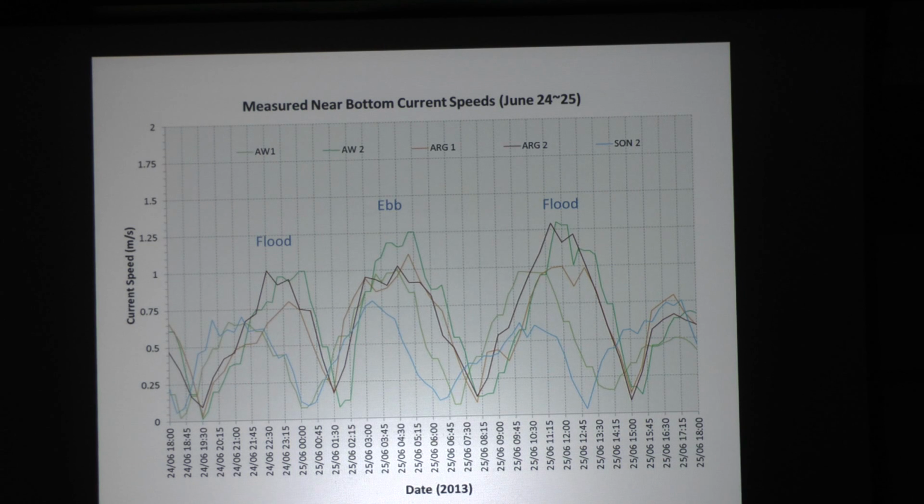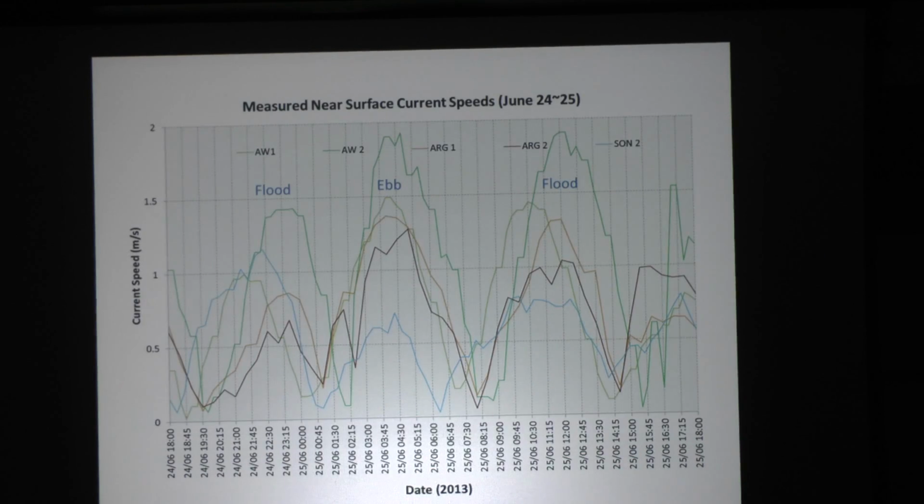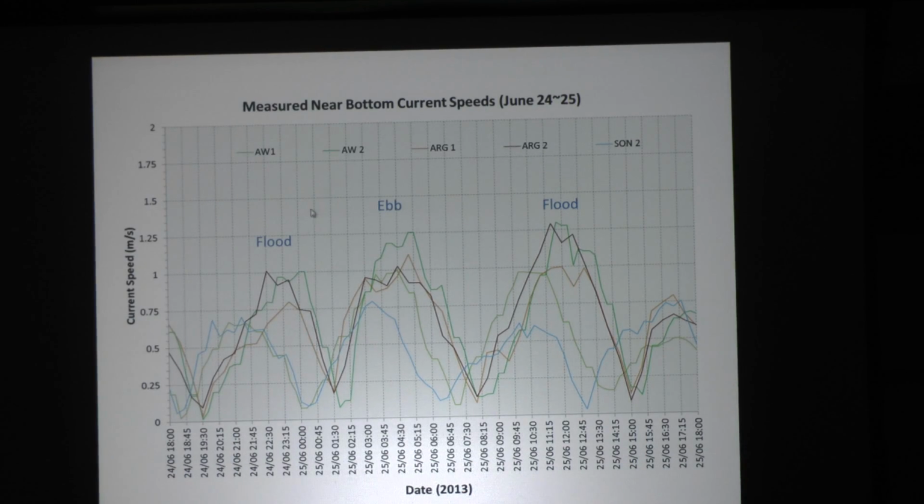Okay, and this is for near bottom velocities. For near surface velocities, it is something about 2 meters per second, and for near bottom it is something about 1.3 meters per second.